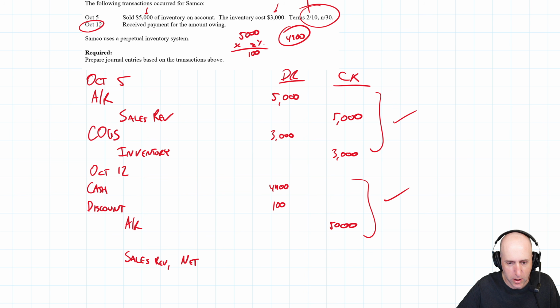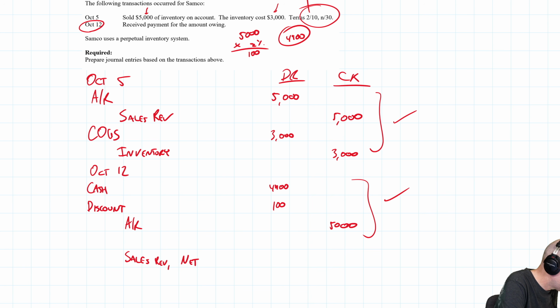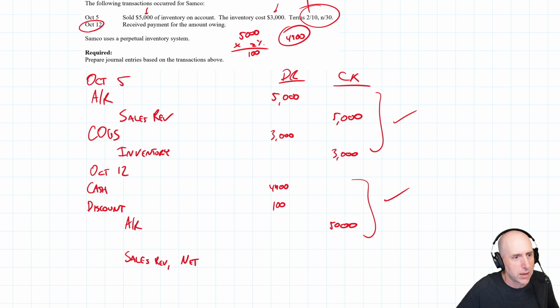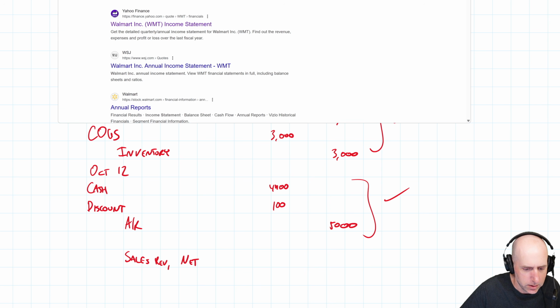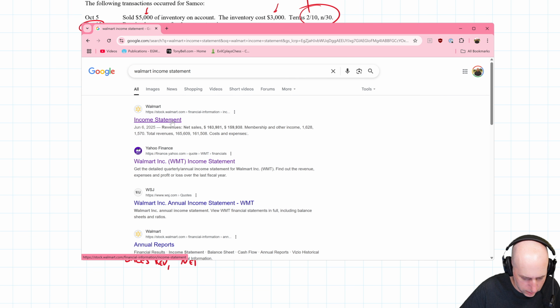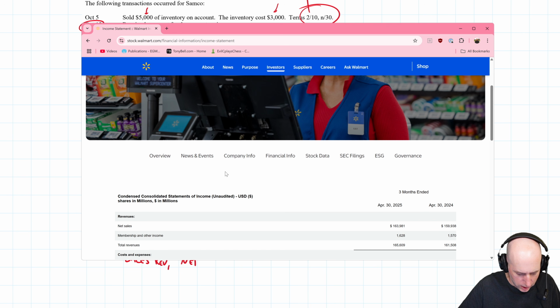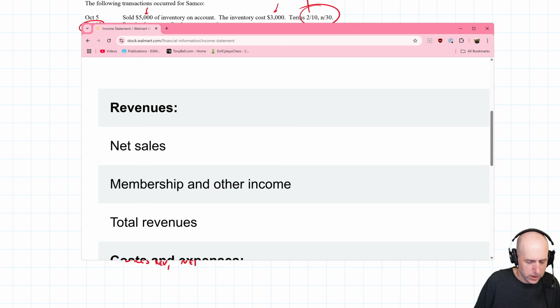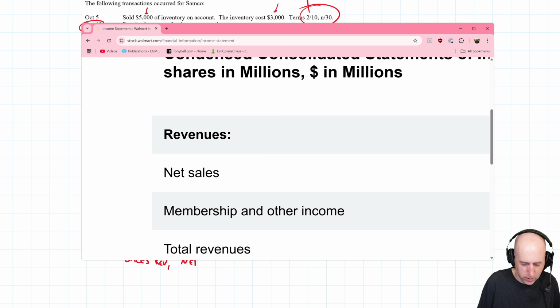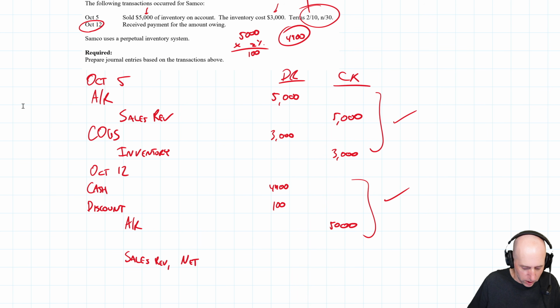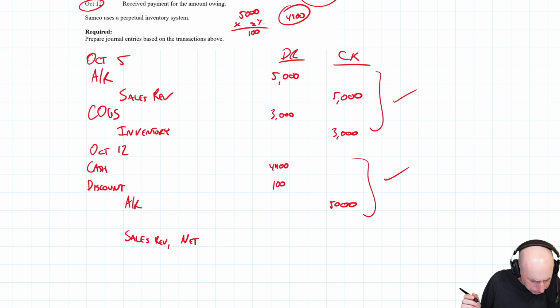Let's look up Walmart income statement. Okay, so I grabbed the Walmart income statement. And the only thing I want to point out is, look at that top line there. What is it labeled? Net sales. So there's this concept of net sales that companies have to be worried about.